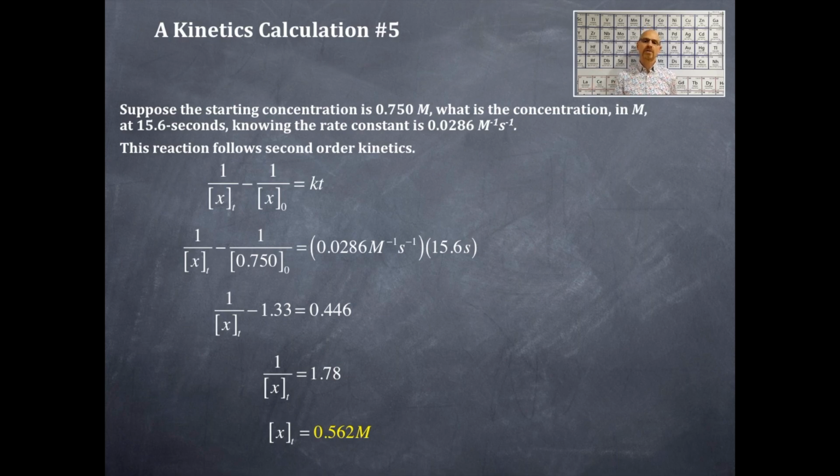At a certain amount of time, in this case 15.6 seconds, you're going to have less than 0.750. And so that number of 0.562 should make sense to you. So you always need to be thinking about the numbers you're getting. Don't just blindly do the math and then go, well, that number is just fine. Think about where that number is in relation to what you are solving for.